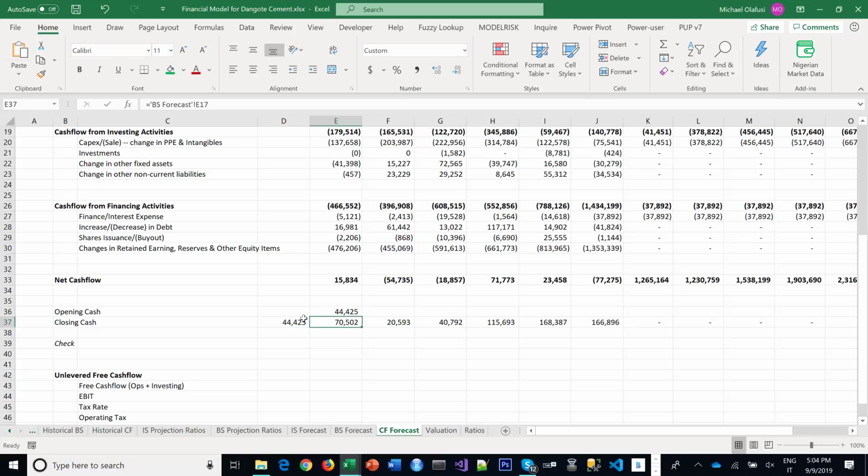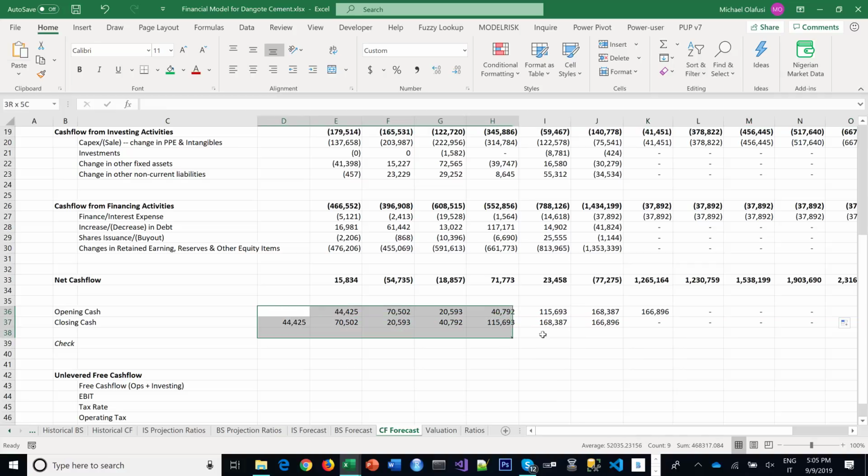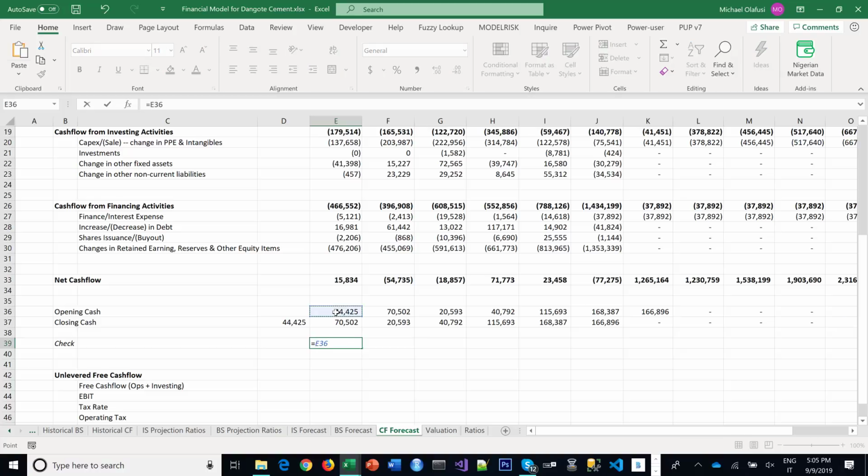So opening cash for 2013 is closing cash in 2012, and I drag that also here. So these two are coming directly from the balance sheet, right? If whatever I've done is correct, if I do opening cash plus net cash flow minus the closing cash, it should come up to 0.